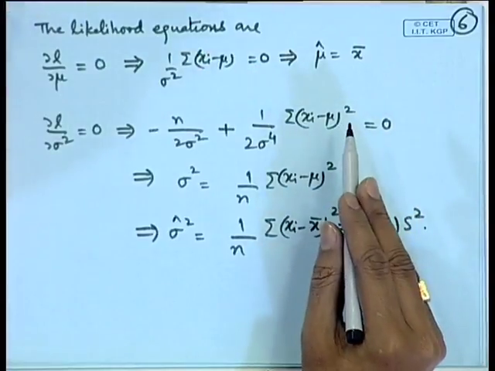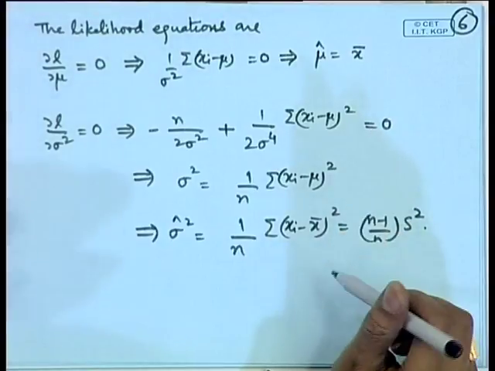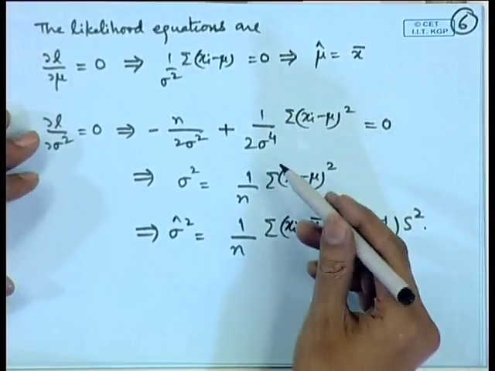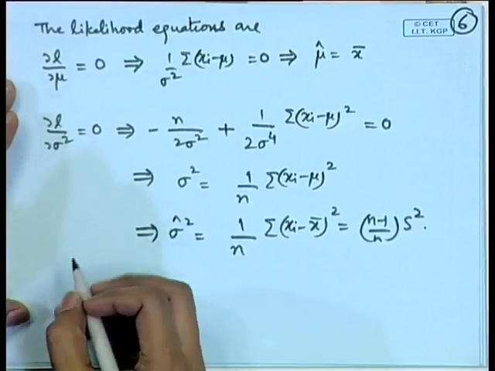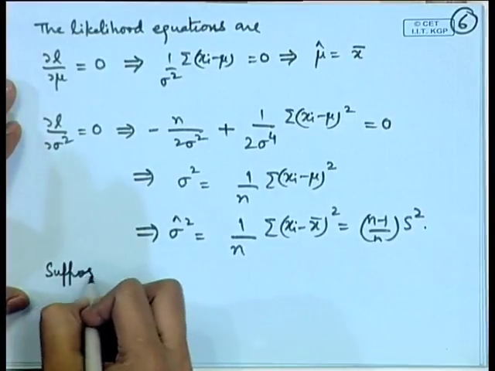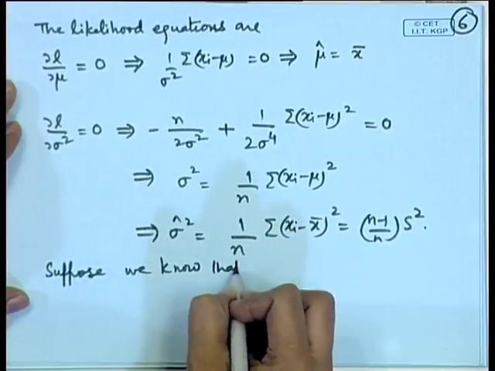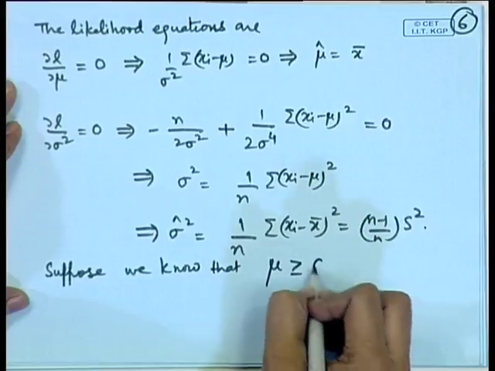In many situations the method of moments estimators and the maximum likelihood estimators coincide, but there are other cases where they may not coincide. We have already seen the example that if the parameter space gets modified, then the maximum likelihood estimator gets modified. For example, in this particular situation, suppose we know that mu is greater than or equal to 0.